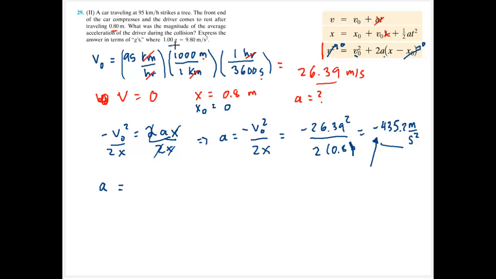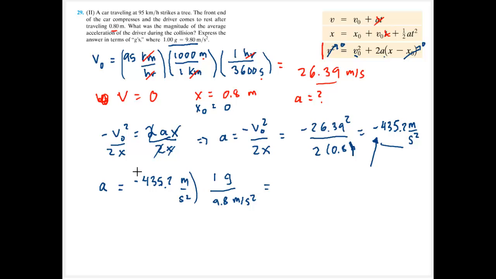We know that 1 g is 9.8 meters per second squared. That's the acceleration due to gravity. So, 435.2 meters per second squared, and I know that in 1 g that's going to be 9.8 meters per second squared.